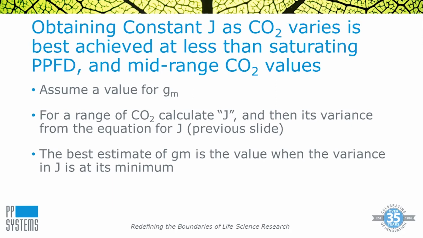You assume a value for mesophyll conductance, and then for a range of CO2, calculate J from that equation, and also get the variance of that calculated value of J. The best estimate of mesophyll conductance is the value where the variance in J from that equation is at its minimum.